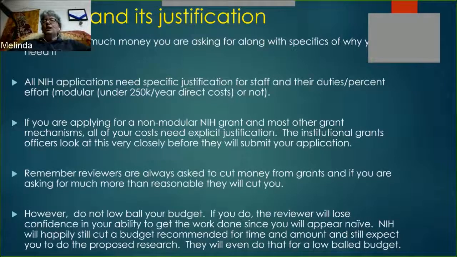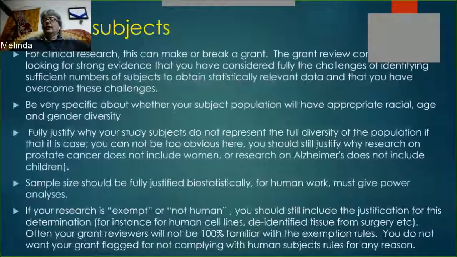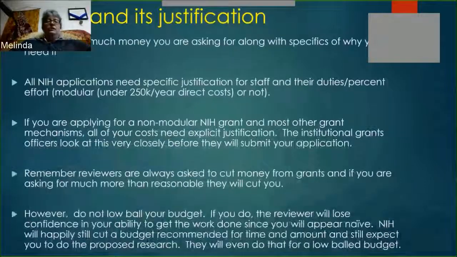So the most you can get is what you ask for. You can definitely get less than that. So take home, do not lowball your budgets. Really ask for a reasonable amount of money that you need to get the work done. Okay, any questions about budgets?